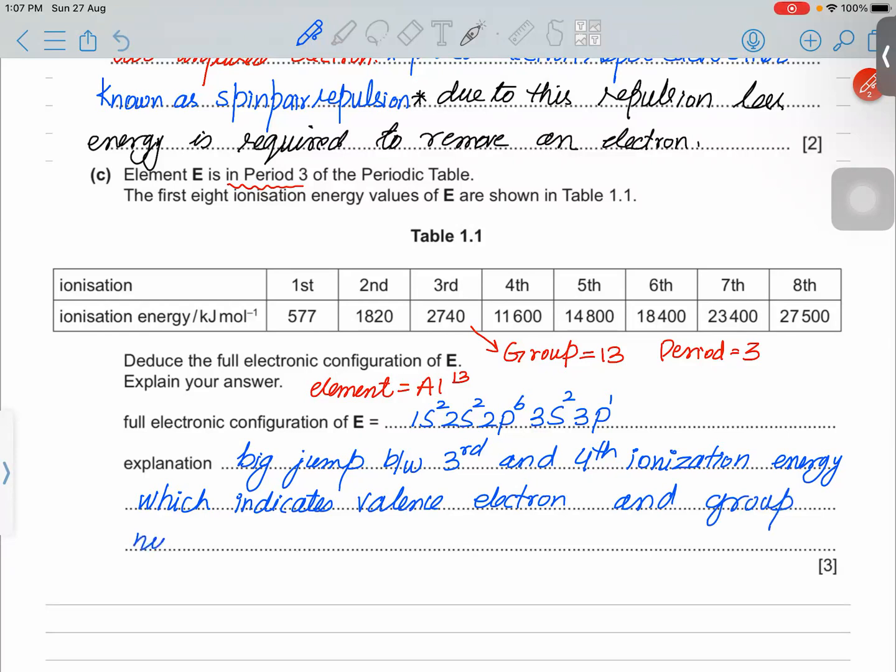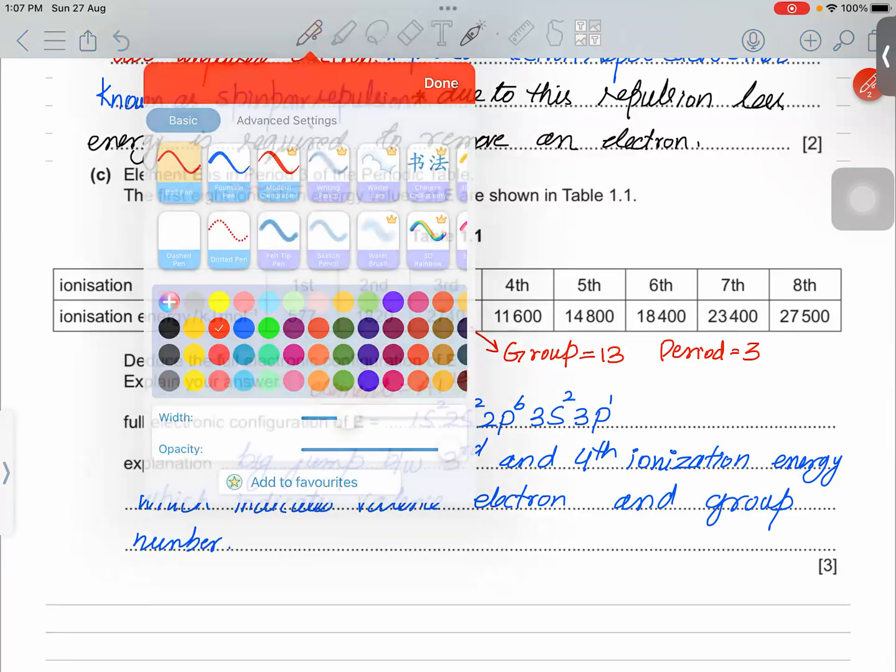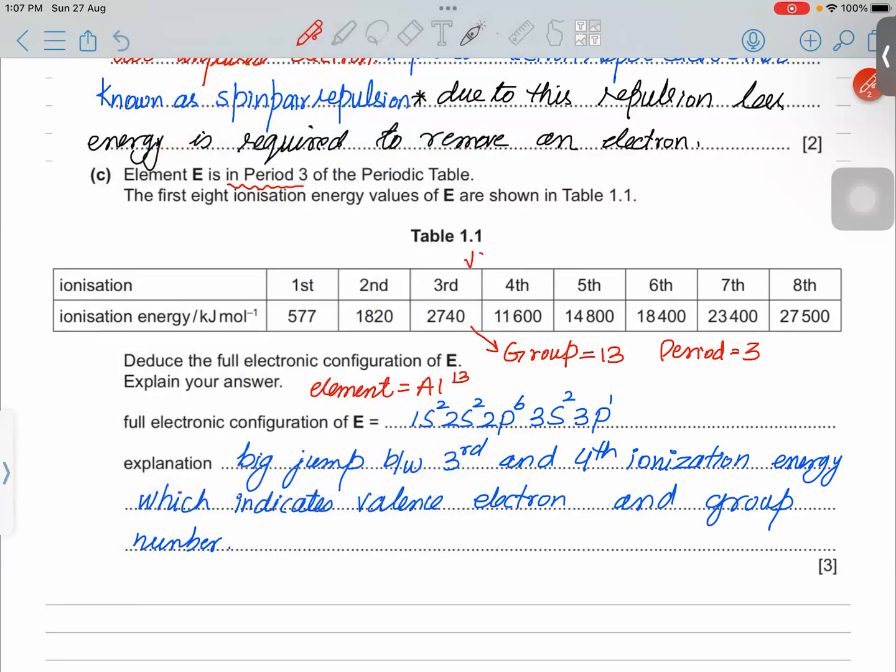Valence electrons 3 and group number 13, because after removing the third electron, ionization energy suddenly increases with a big jump.